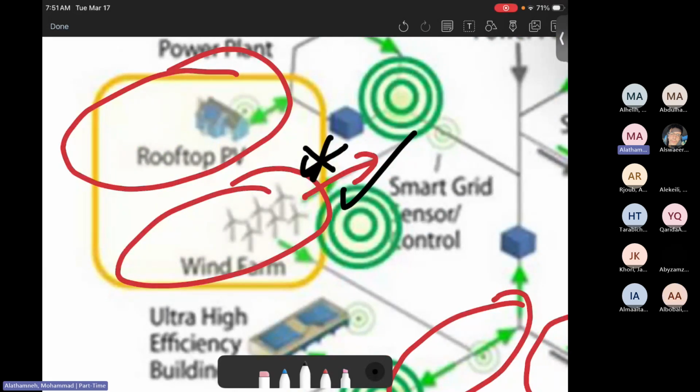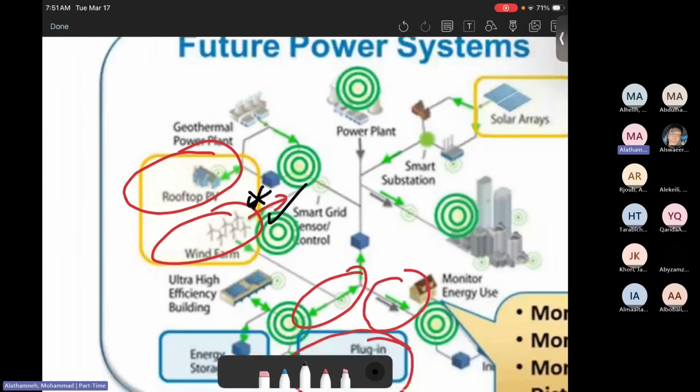All photovoltaics and wind farms are based on unidirection, just one direction. While at home, it's the only place where we have bidirection. And at home, they are making it in a way that it will not cause bidirection on the distribution transformer.